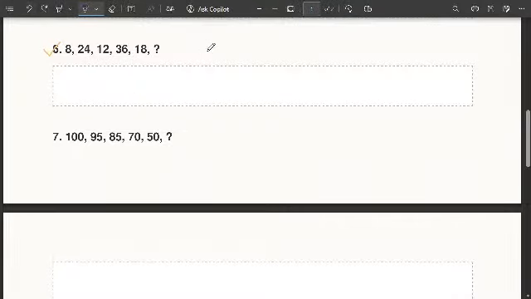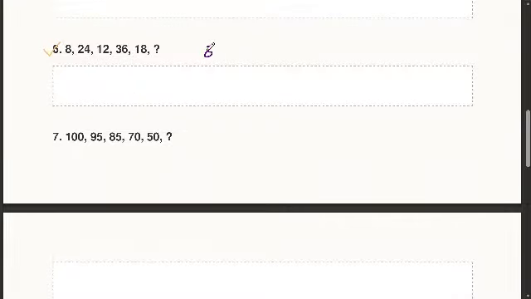Write it here: 8, 24, 12, 36, 18, and what?